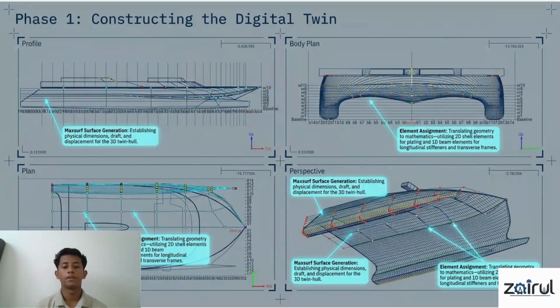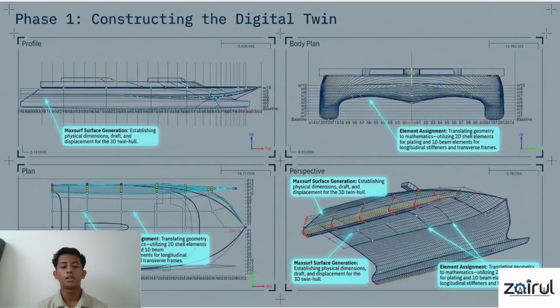During phase one, the three-dimensional model of the catamaran is fully constructed. The Moonpool geometry is included accurately because it has a significant effect on the stress distribution. Like I just said, there will be a lot of stress distribution on the corners, in the Moonpool, and around the Moonpool.